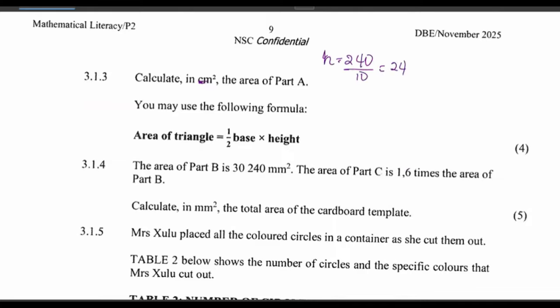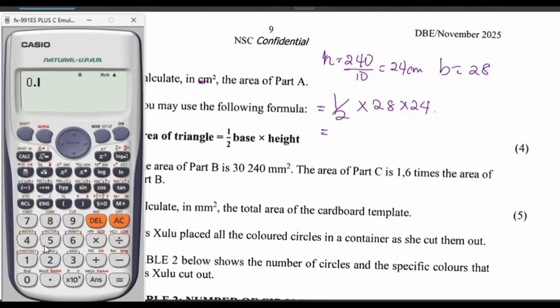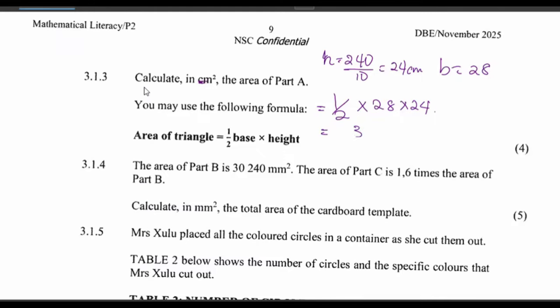You have 24 centimeters. The base they have told us is 28. Now substitute into the formula. And you get your answer: 0.5 times 28 times 24 is 336 centimeters squared.